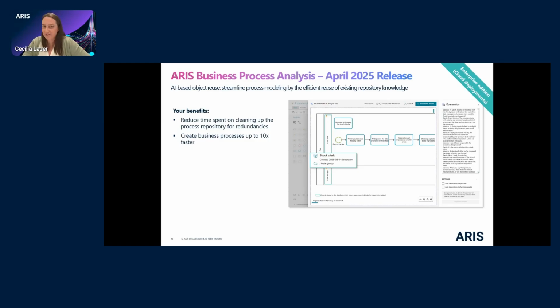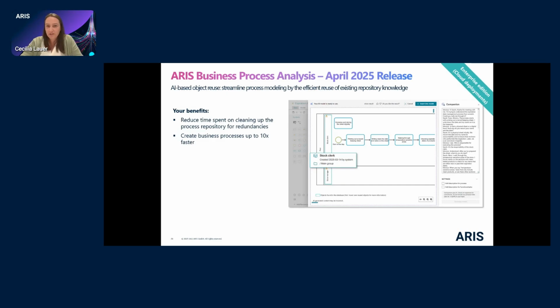And I know it may not sound like much, but it's actually a game changer, because it really allows you to efficiently reuse the existing knowledge in the repository. And I think it's super beneficial, well, obviously for the content creators, but especially also for people who are administrating and doing the cleanup and making sure there's no redundancies. So I think it's a win-win for both sides.